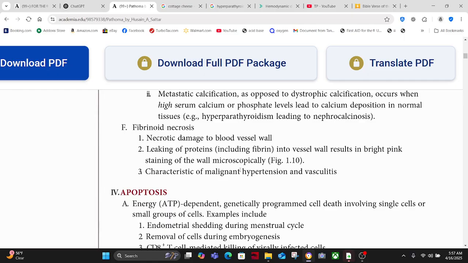So the liquefactive necrosis would be of the pancreatic parenchyma, and fat necrosis would be of peripancreatic fat. So pancreatitis has liquefactive necrosis and fat necrosis. And fat necrosis happens in both breast and pancreas.